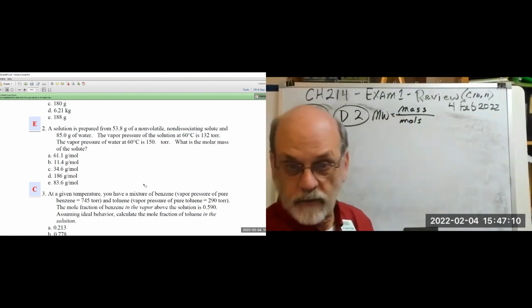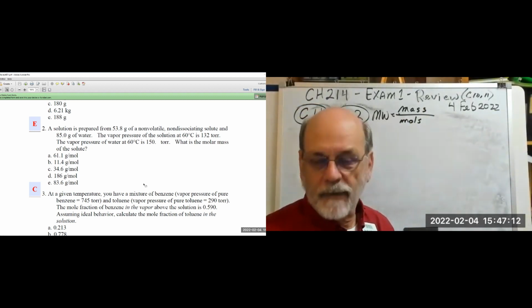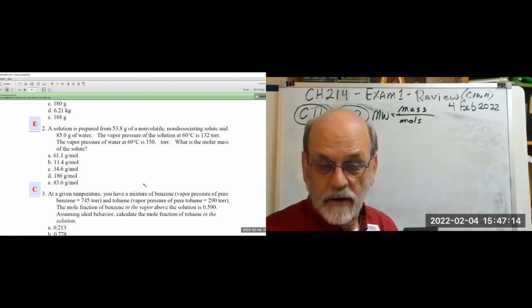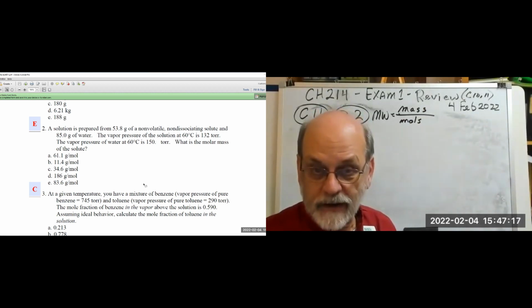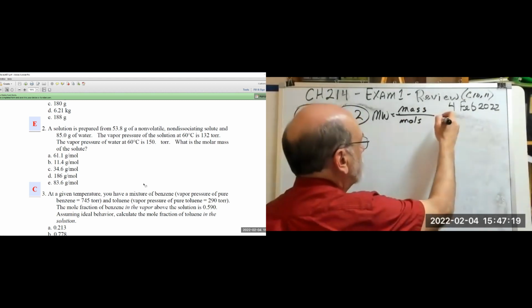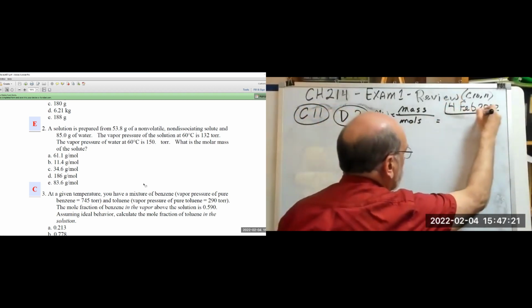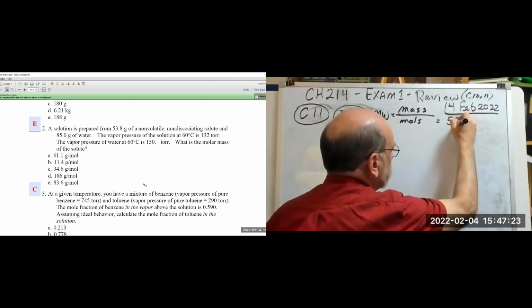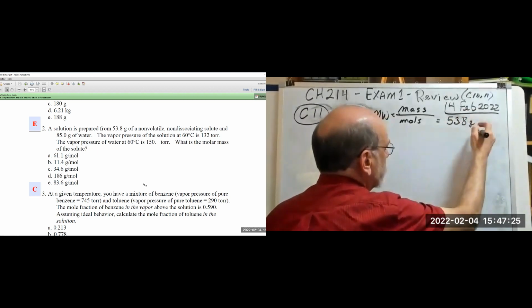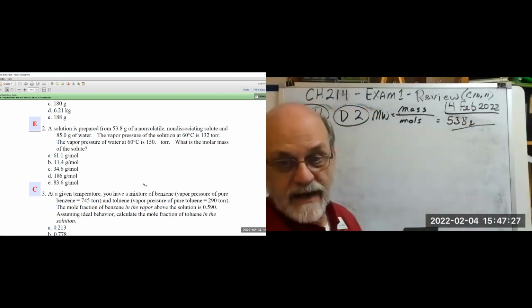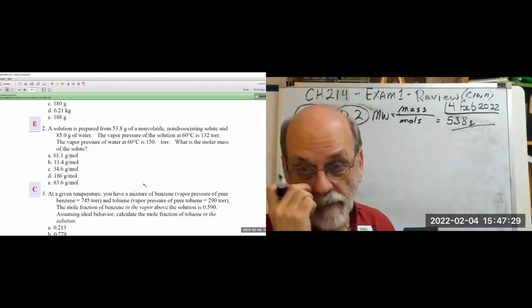Right? That's what we need to know. Now, what do we know already? We know the mass, 53.8 grams. What we don't know yet is the moles of the solute.